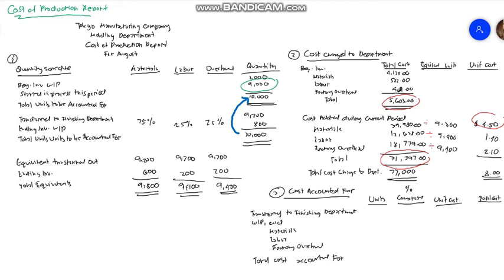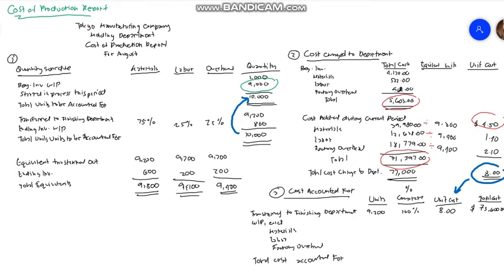Okay. So, transferred to finishing department is 9,200. That is 100% complete already, and the unit cost of that is this one. So this one you're going to write here. So that's $8. So 9,200 multiplied by $8, that's 73,600.